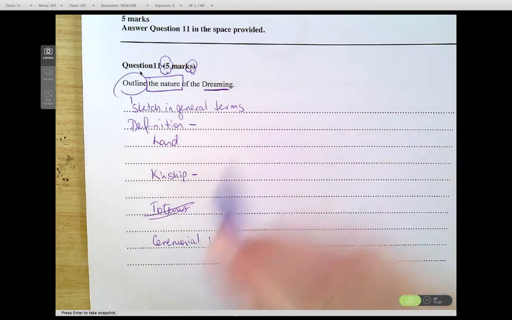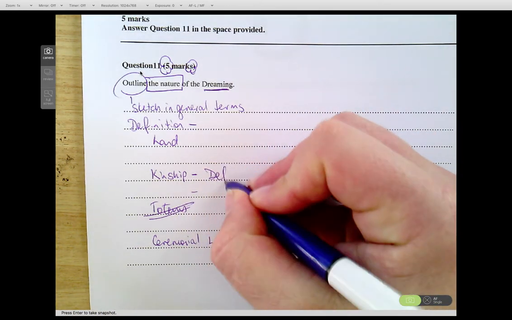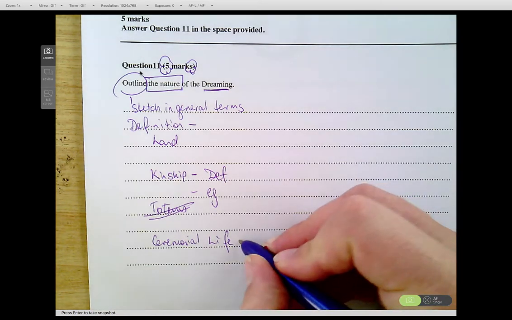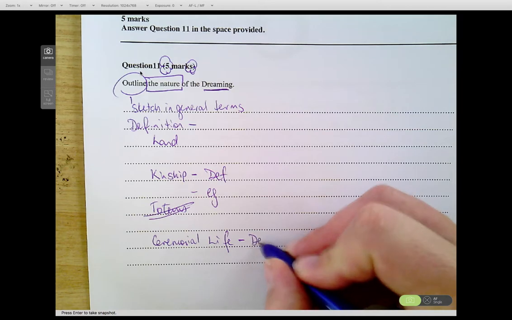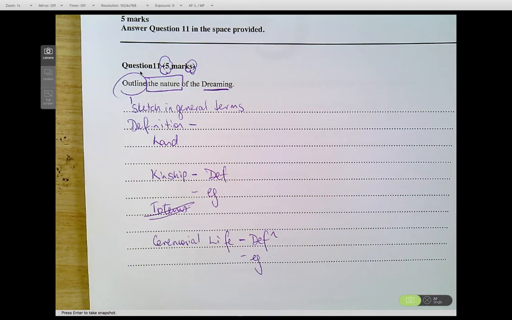Then I would give a definition of what the kinship groups are and an example. That would be a concrete example, something like the kinship groups in Dharawal country or whatever that might be. And then I'd have a definition of ceremonial life and an example of what that ceremonial life might be, and it could be an initiation rite.